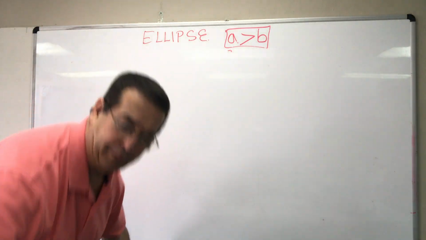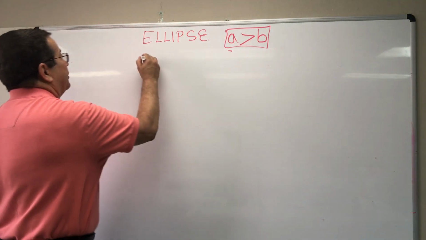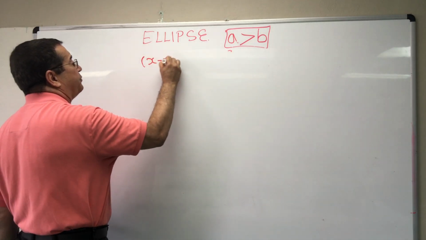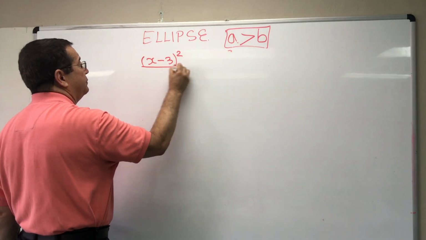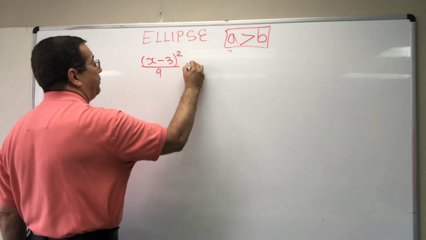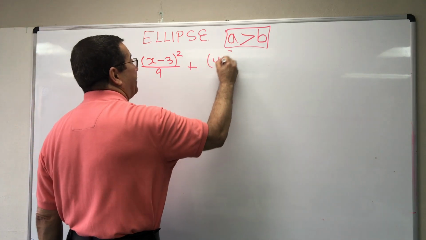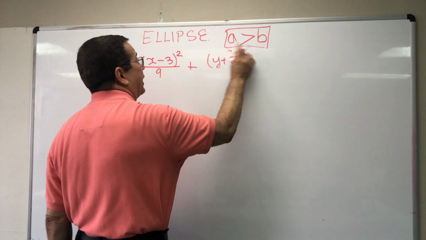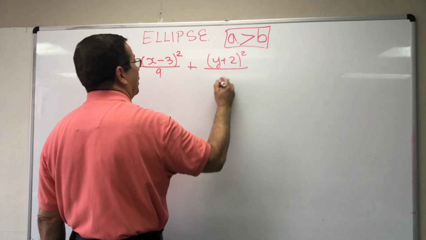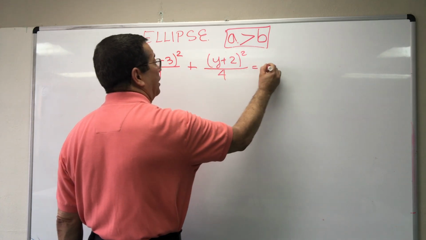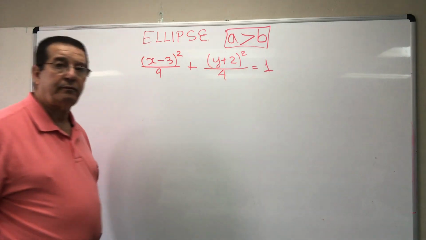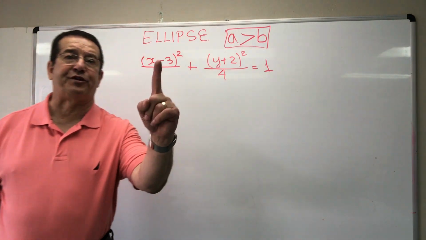The first example is this one. You have (x - 3) squared over 9 plus (y + 2) squared over 4 equals 1. Remember what is the first step?